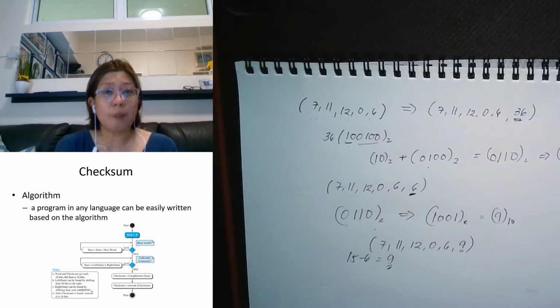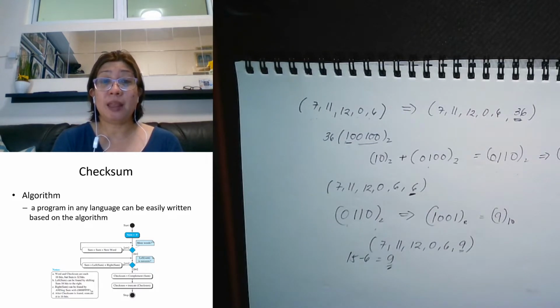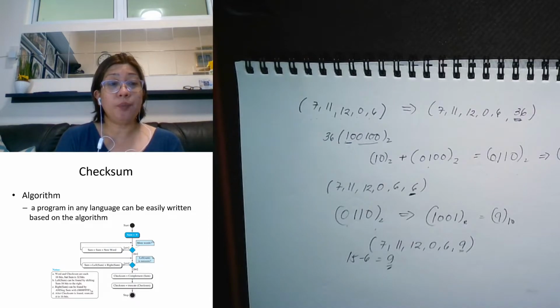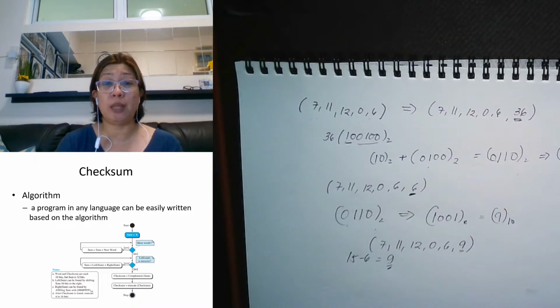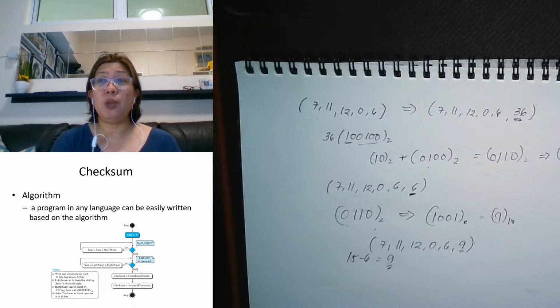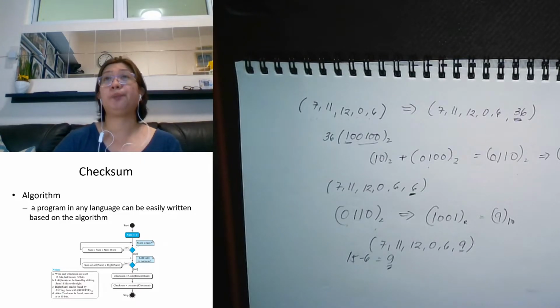I think you're already familiar with two's complement and one's complement from your digital electronics or logic circuits classes. This is needed because almost all computers today do calculations in two's complement. Anyway, that is simply one's complement plus one, I think.